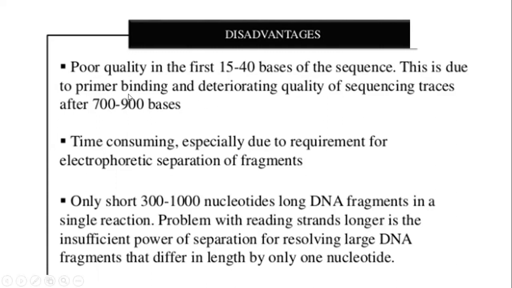This is because of the primer binding and deteriorating quality of the sequencing traces after about 700 to 900 bases. This is time consuming, especially due to requirement of electrophoretic separation of the fragments.